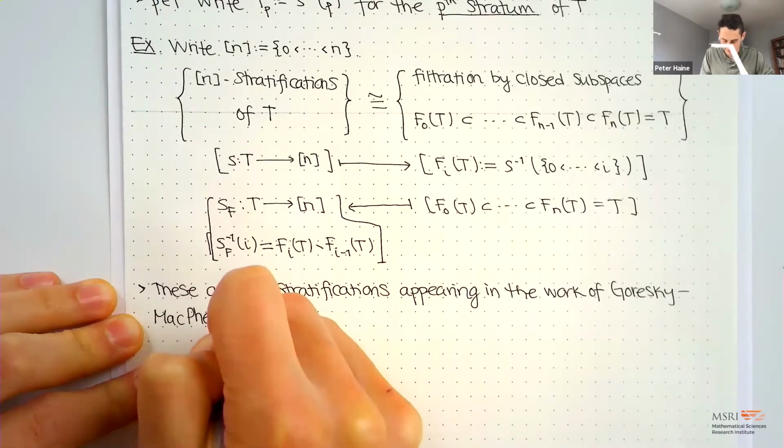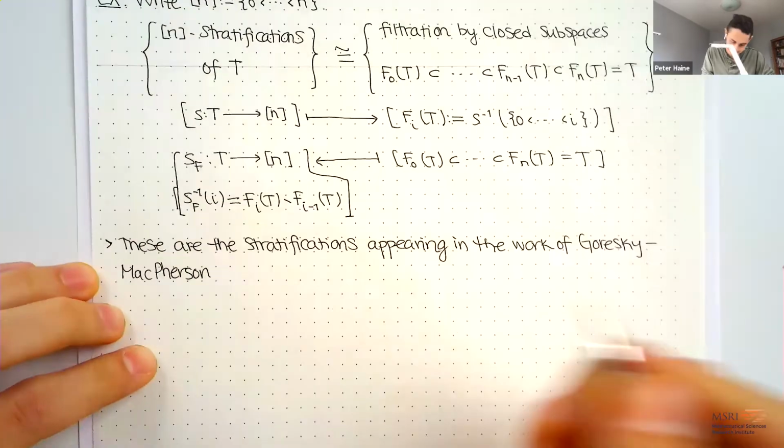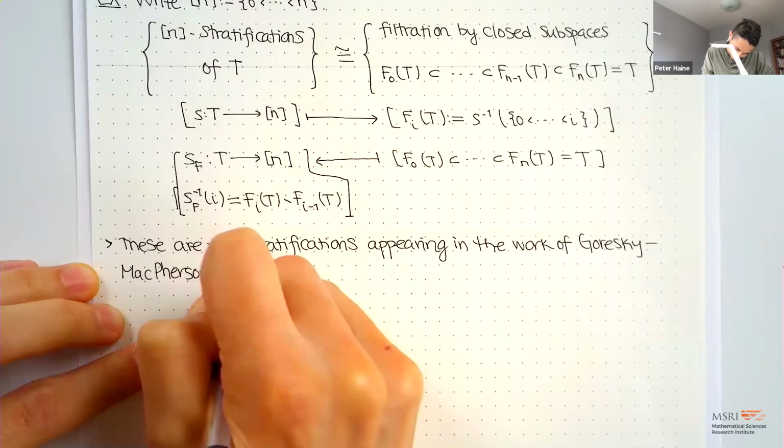Let's see if I spelled that correctly. I usually misspell that. On intersection homology.